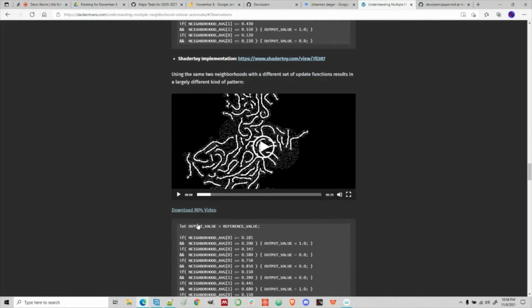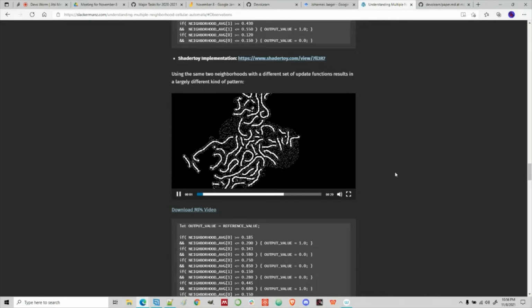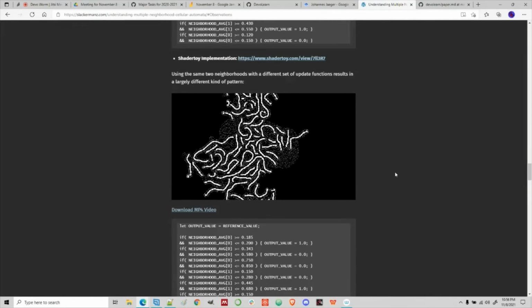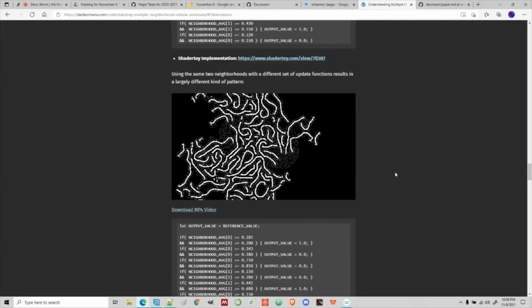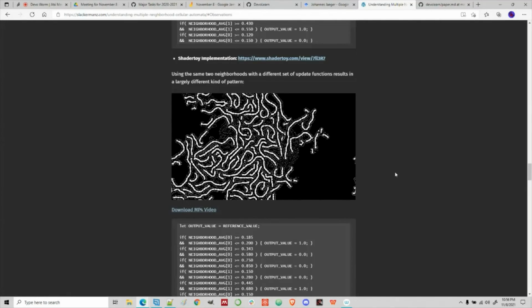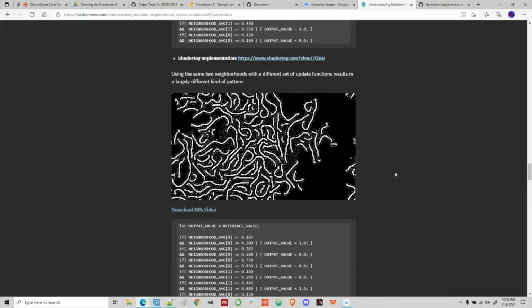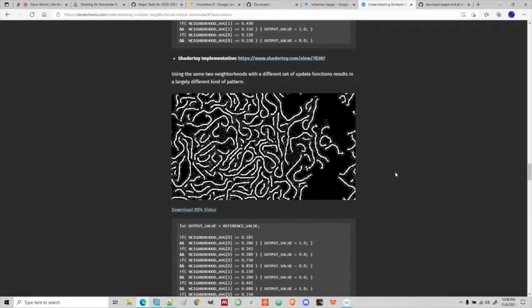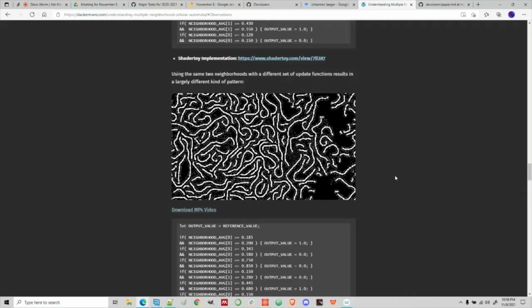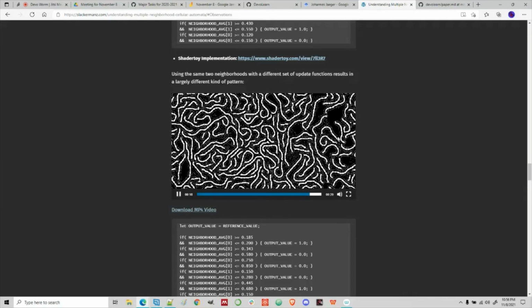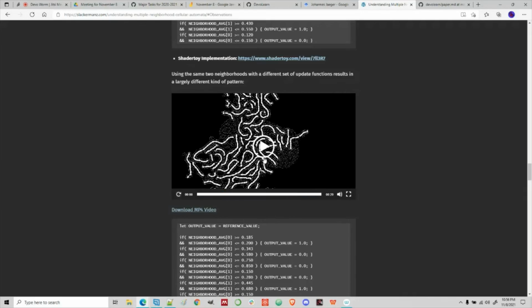And then this is finally using the same 2 neighborhoods with a different set of update functions, which results in a largely different kind of pattern. This looks like a bunch of worms expanding out. I'm just trying to use some sort of broad metaphor to describe this, but actually it looks like a chemical reaction. And so it's filling in the empty space in the image.